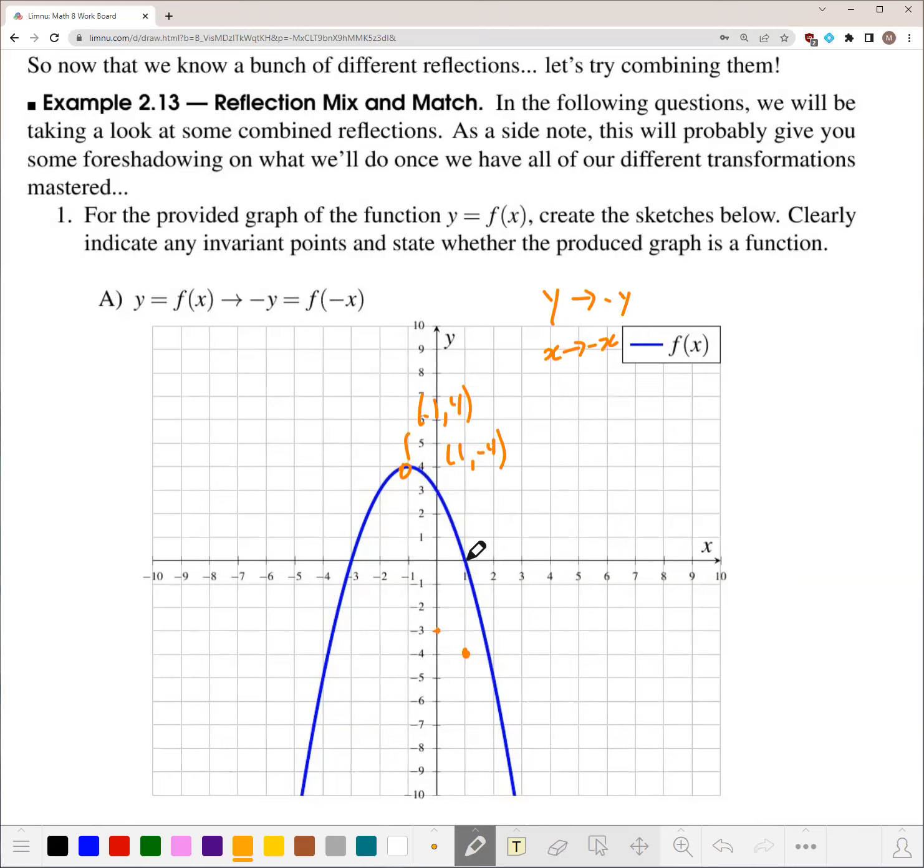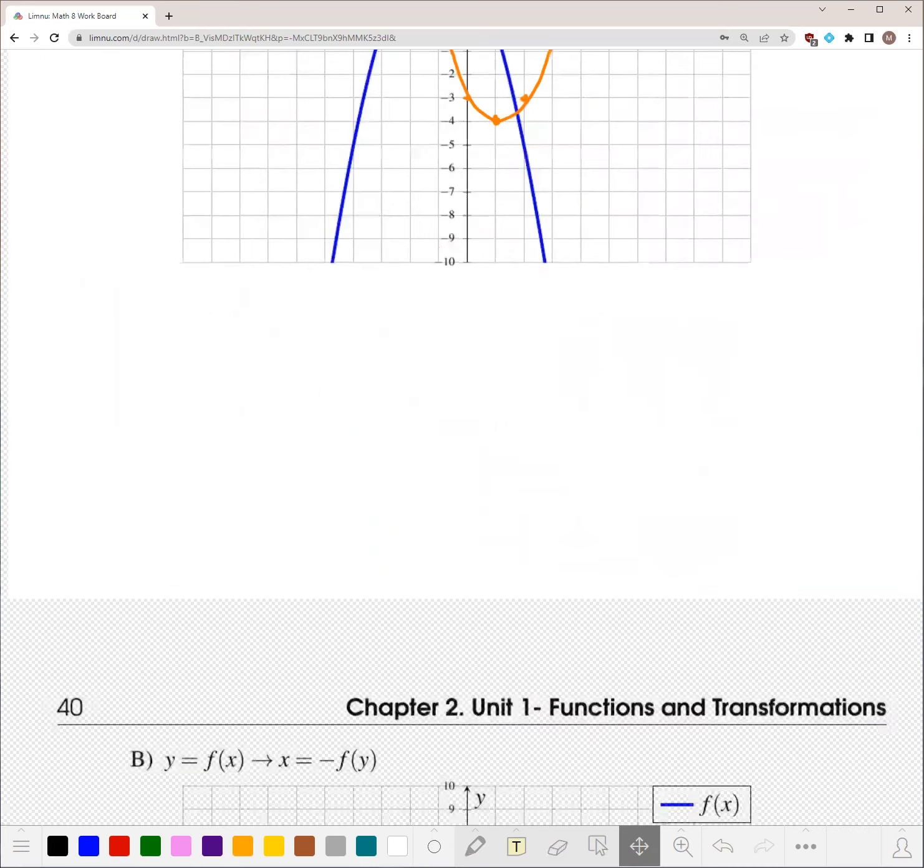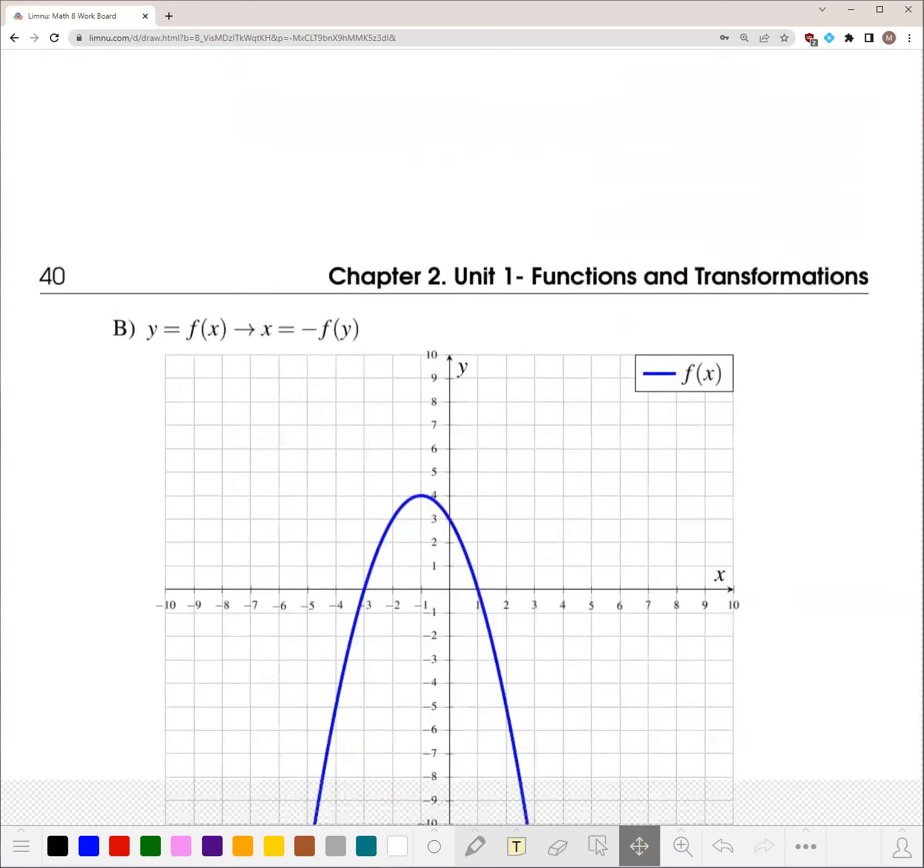This point here, 1, 0, is going to stay at 0 for the y, but become negative 1. Negative 3 becomes positive 3. At this point, you can kind of see my pattern here. We're creating the same parabola, but now going like that.